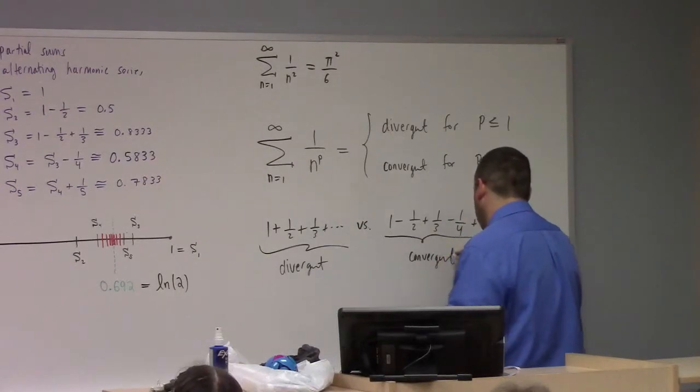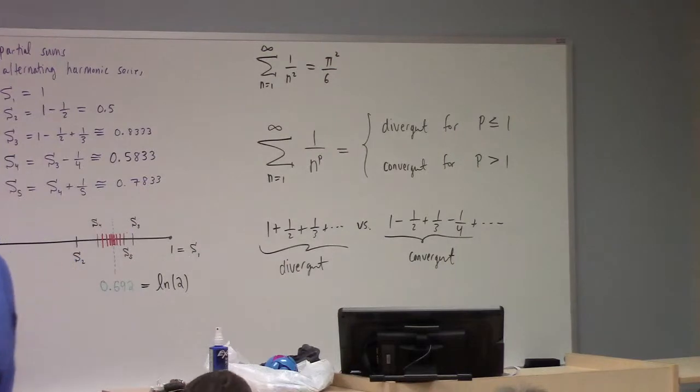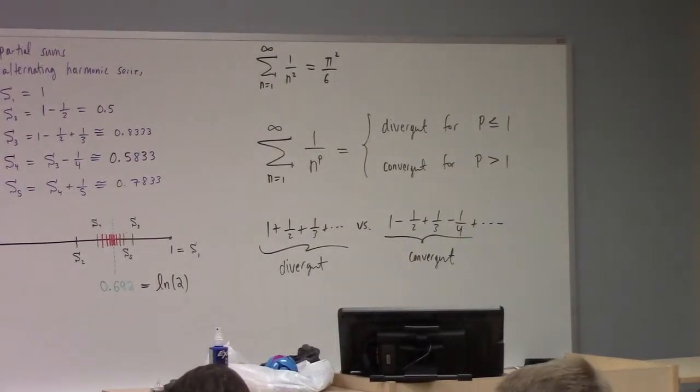These are not the same series. One's got the plus minus going on, one doesn't. Not having the plus minus going on makes this partial sum keep growing and growing ever so slowly, like I shared with you guys yesterday. Even to get to 20, we had to go stupidly far out in the partial sums, but it does keep growing.